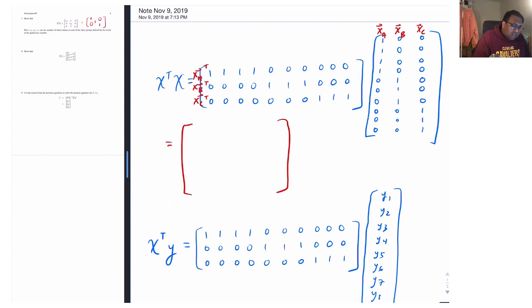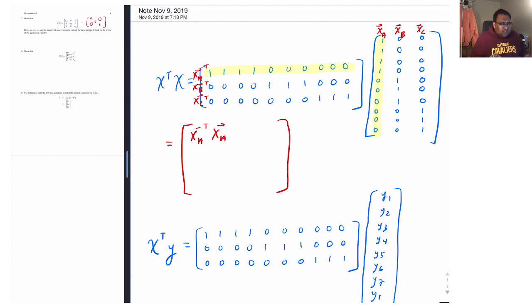The top left element of X transpose X will be the result of multiplying the first row of X transpose with the first column of X. So I take the first column of X, which is XA, rotate it, and dot product it with the first row of X transpose. Well, that just looks like XA transpose XA.